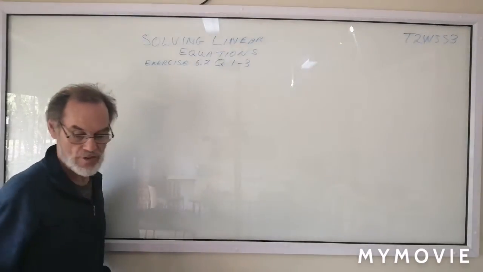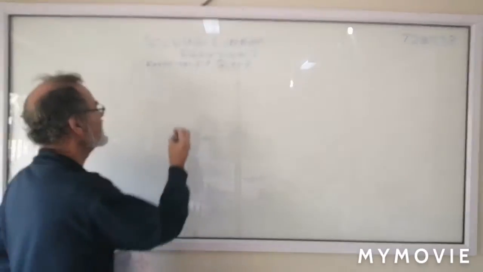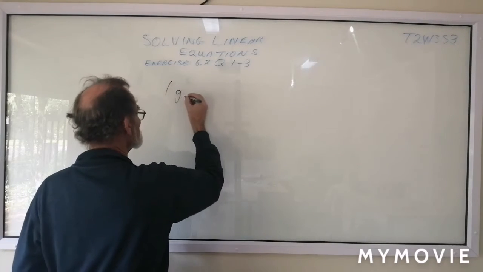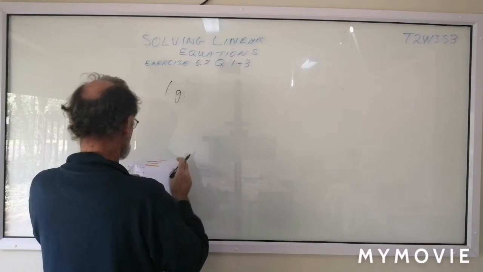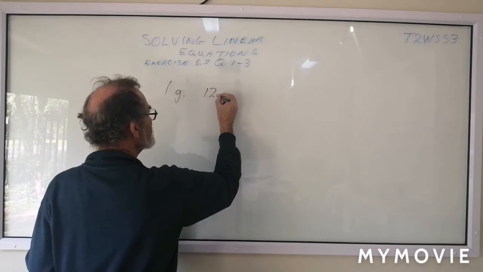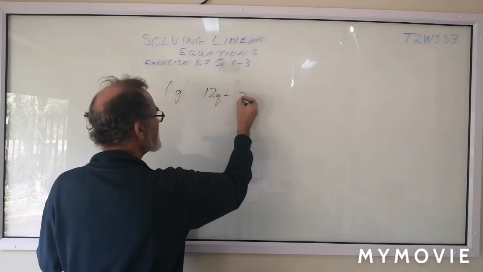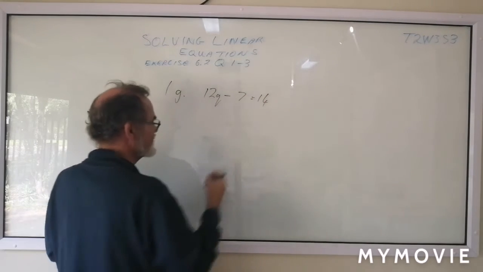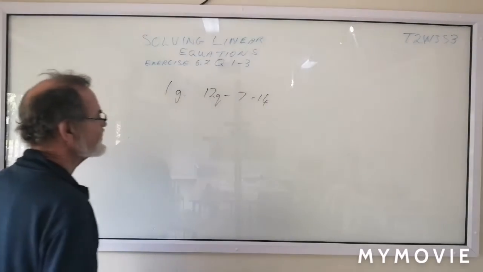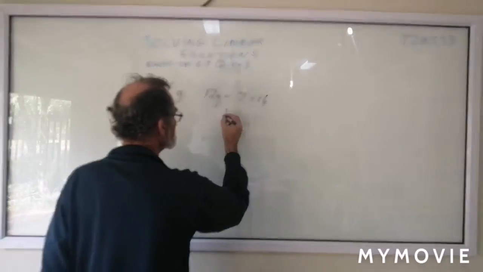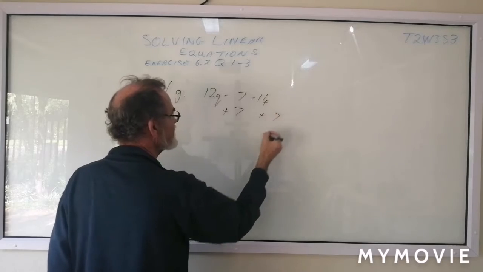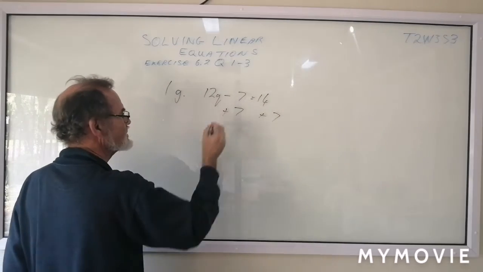I'm just doing these few selected examples in case you had problems, and this should solve any problems that you had. 12q minus 7 is equal to 14. Okay? So we're going to get rid of the 7 first by adding 7 to both sides. Okay, therefore both sides are still equal.